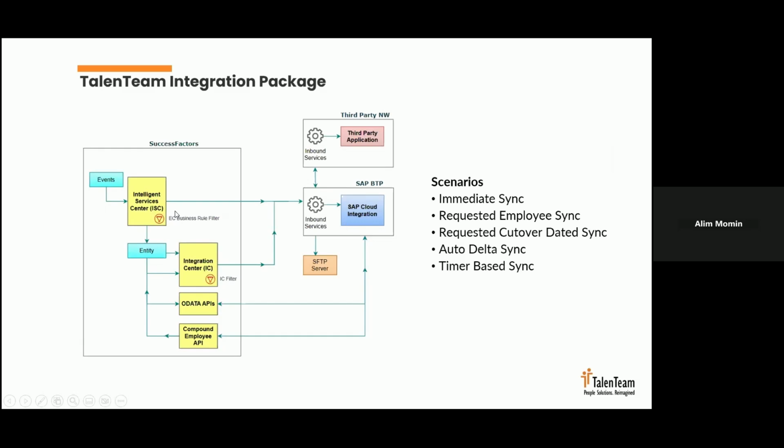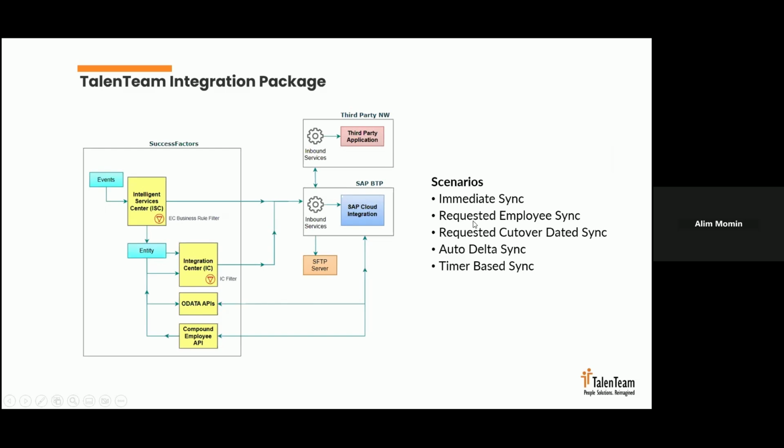As soon as some event has occurred in SuccessFactors, like termination, the intelligent service will inform the SAP Cloud Integration package, and SAP Cloud Integration will go to SuccessFactors, fetch relevant data of that employee, transform it and then inform the third party with the data. So this is immediate sync.